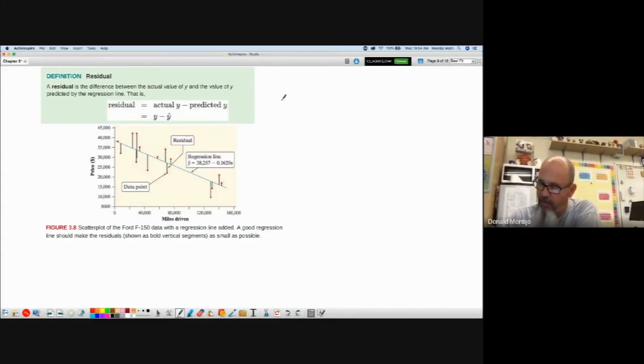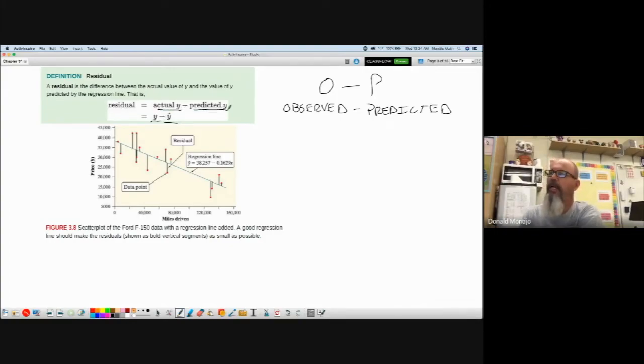Another way to think about a residual is observed minus predicted: O minus P, or Y minus Y hat, or the actual Y minus the predicted Y. Observed, how much did we sell that truck for? Predicted, what does our regression line predict we would sell it for? The difference between those two is what's called the residual.